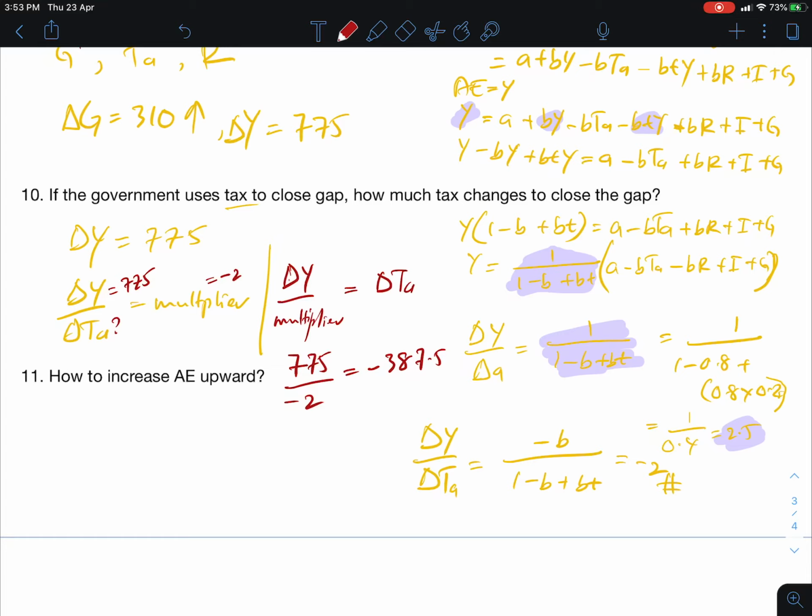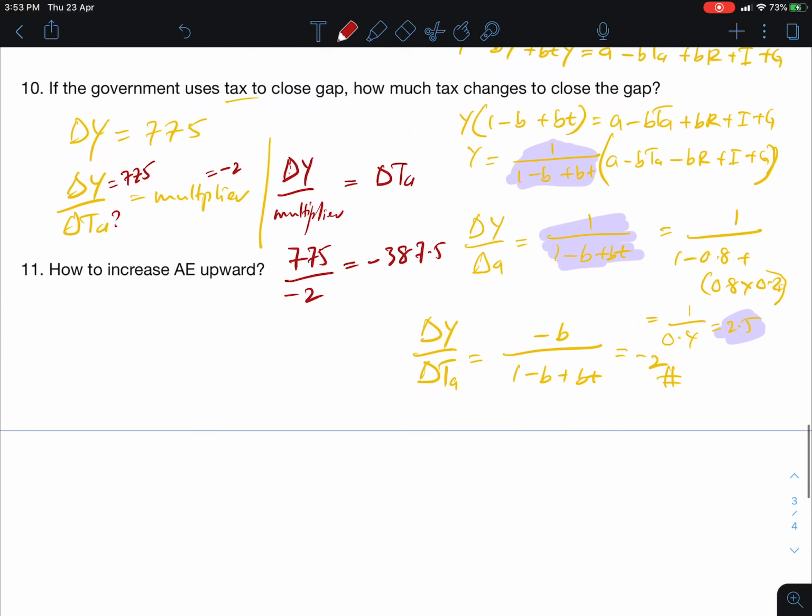It means that the government needs to reduce tax, lump sum tax, sebanyak 387.5 juta.